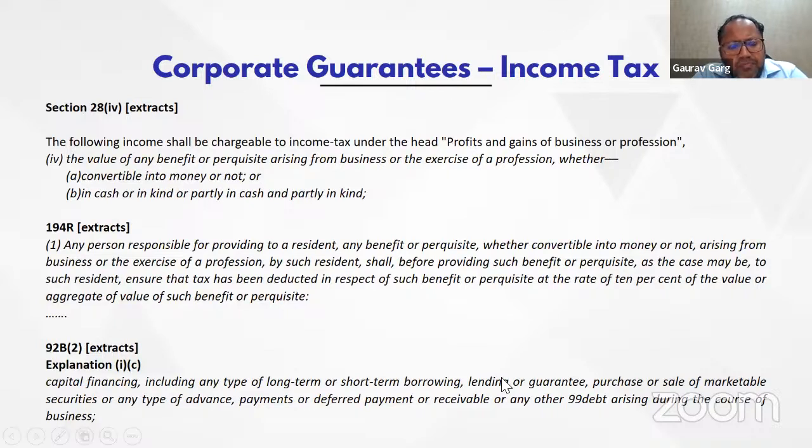So both under GST and income tax, whether the domestic provisions in the income tax or the provisions relating to cross-border transactions under the transfer pricing setup, the corporate guarantee is under scrutiny. It needs to be evaluated.